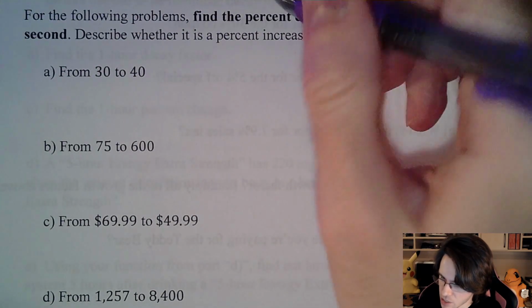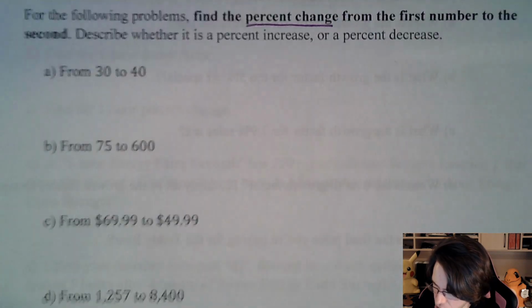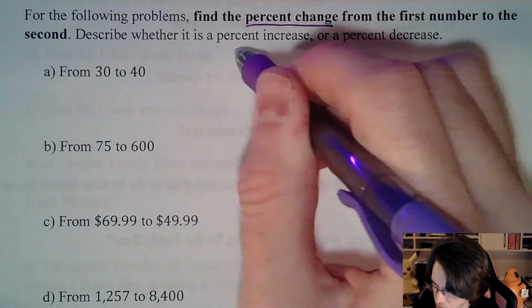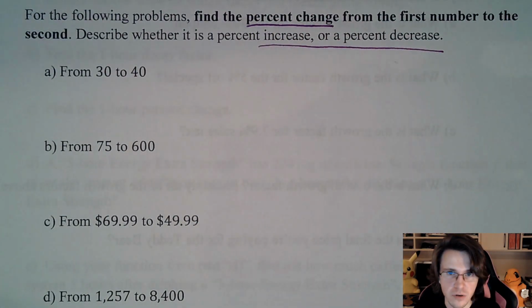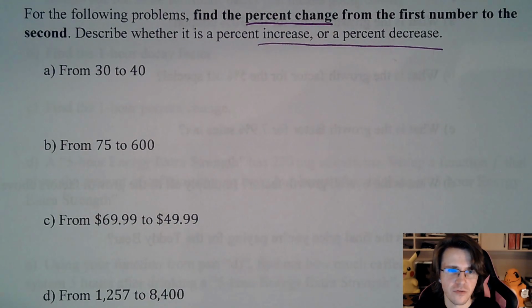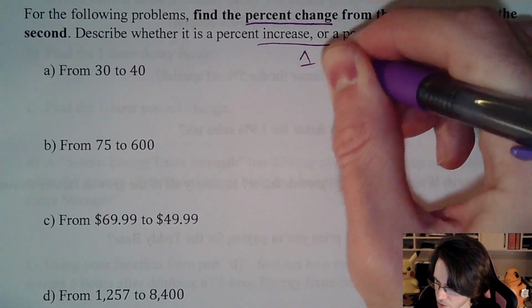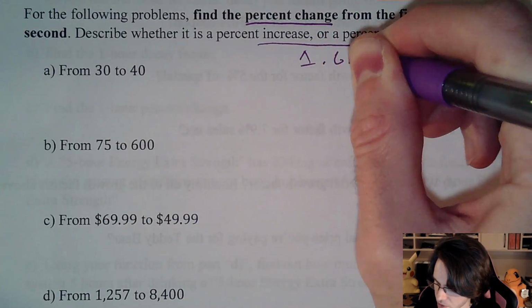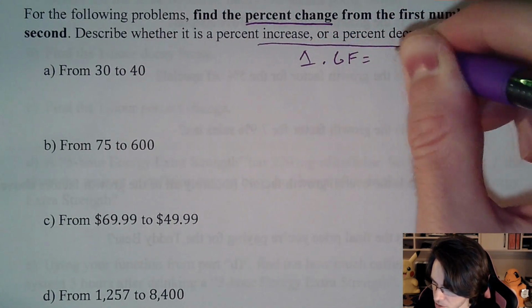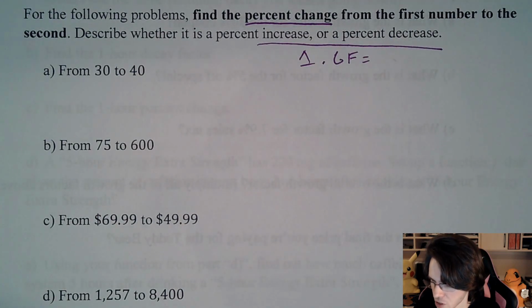So in this case, you are told to find the percent change, and we gotta say whether it's a percent increase or decrease. For every single one of these formulas, you're going to have to do two steps. Step number one, find the growth factor. The formula for finding it is fairly straightforward.